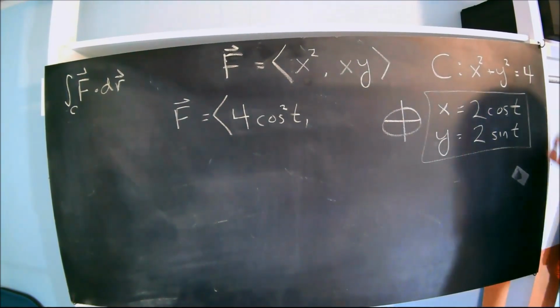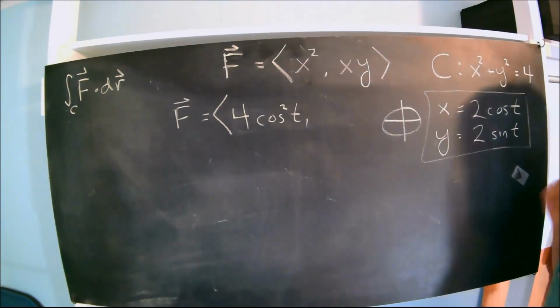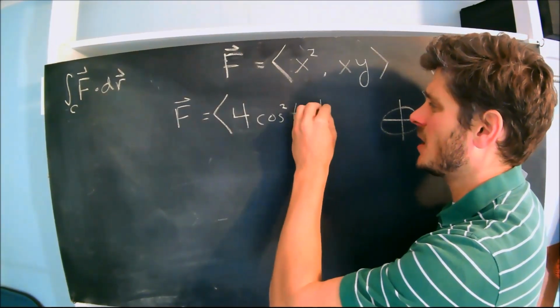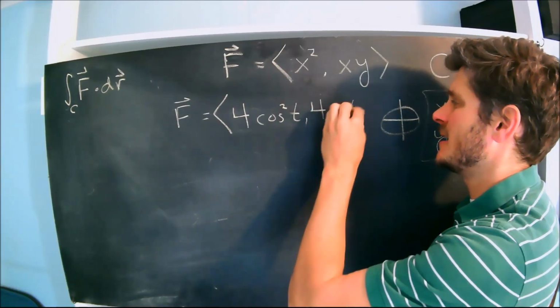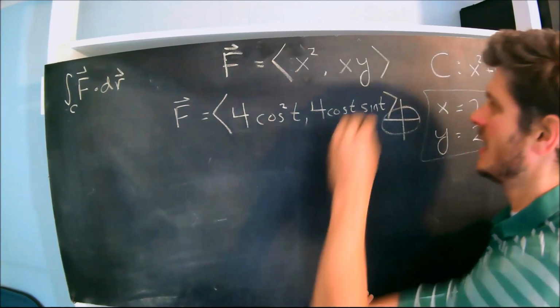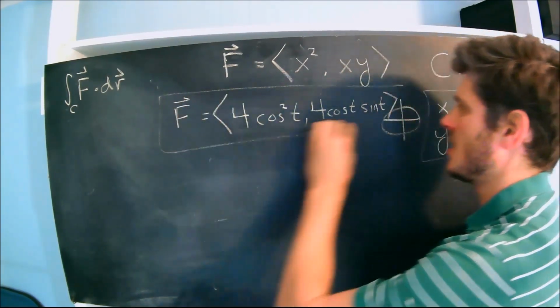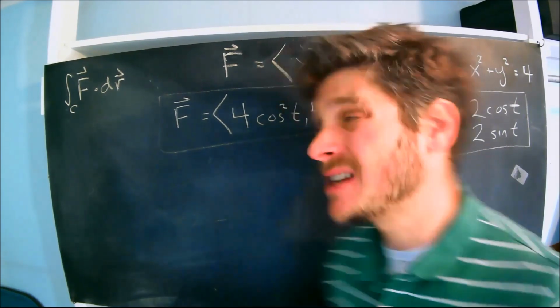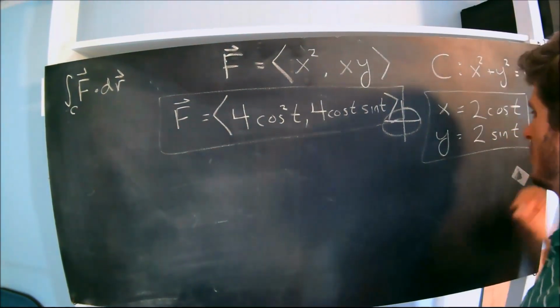And then the xy. Well, I got to multiply x and y. So 2 cosine t times 2 sine t, well, that's going to be 4 cosine t sine t. And there is my parameterized f.